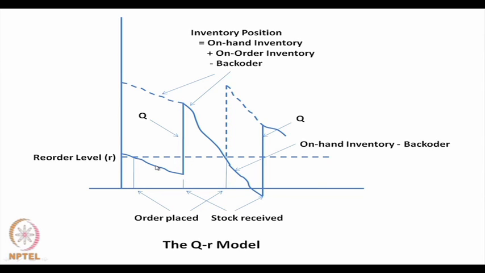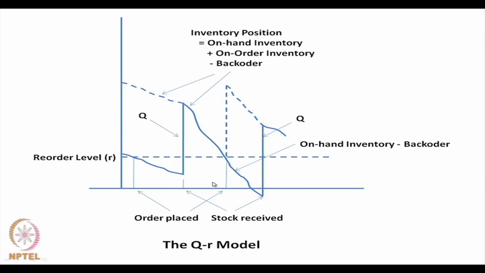By that time the inventory is depleting. So, when the replenishment comes, it is here. Once again the inventory starts falling, and at some time it falls to R or less than R, and we place an order for Q. This dotted line shows the inventory position, which is the on-hand inventory plus the on-order inventory minus the back order.